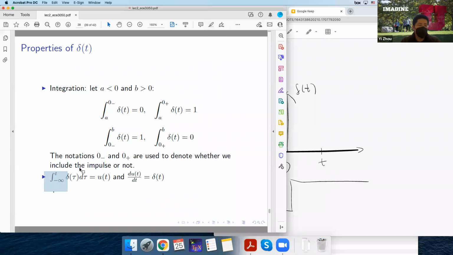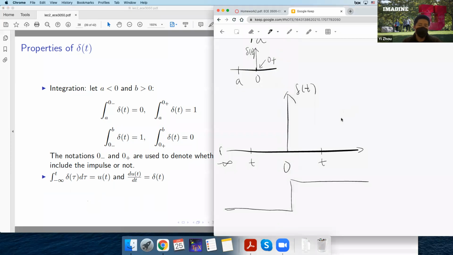So this is a very nice property that mathematically defines the unit step function in terms of the impulse function. And because it is defined in the integration form, we can take the derivative on both sides, and we can obtain another equation that expresses the impulse function in terms of the derivative of the unit step function.